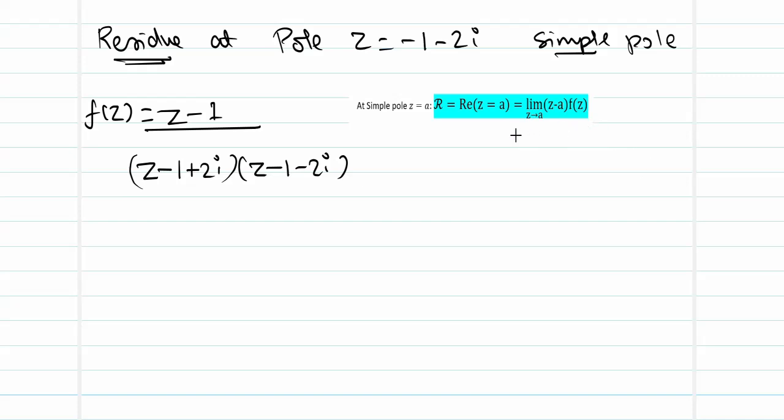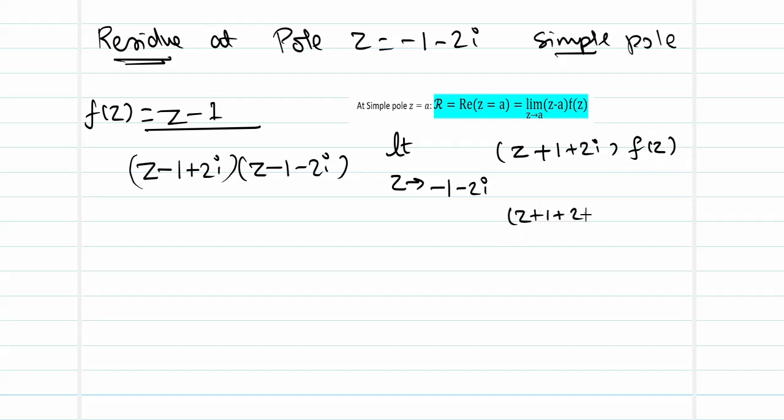The formula can be recollected as limit z tending to a, z minus a into f of z. So we need now limit z tending to my pole, minus 1 minus 2i, z minus a. So minus of minus will become plus 1 plus 2i into my function f of z. So this is z plus 1 plus 2i.